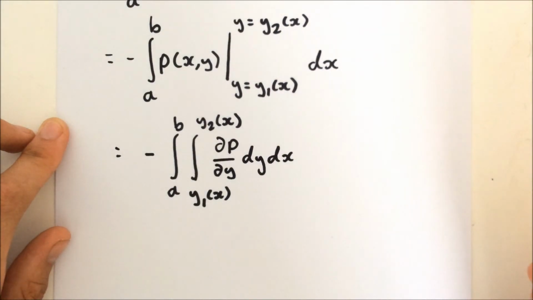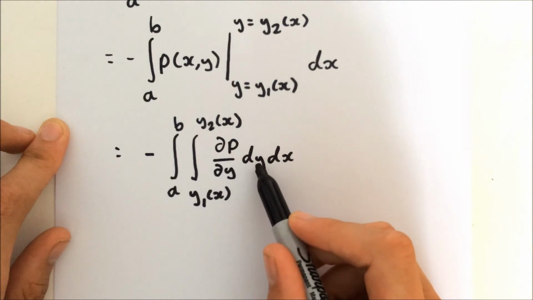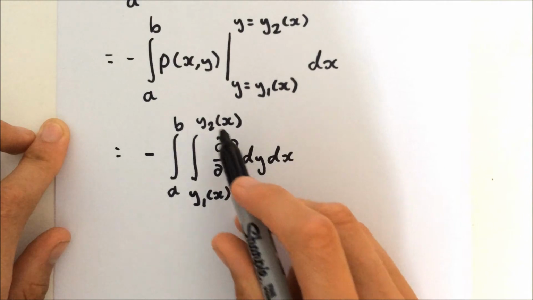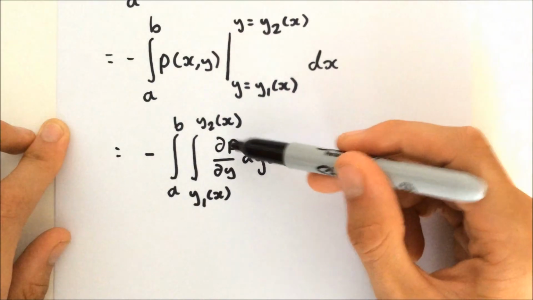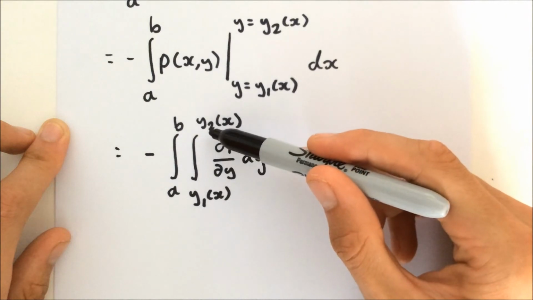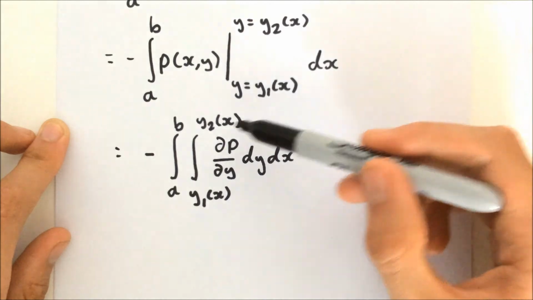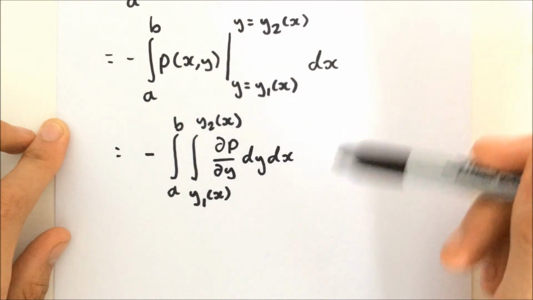Okay, so what we've done here is we've put a partial derivative in and dy. The dy is cancelled to give us a differential of p. If you integrate a differential, you get p. And of course, p is evaluated at y1 and y2, so that's exactly the same as this integral up here. But we've used a double integral now, okay?